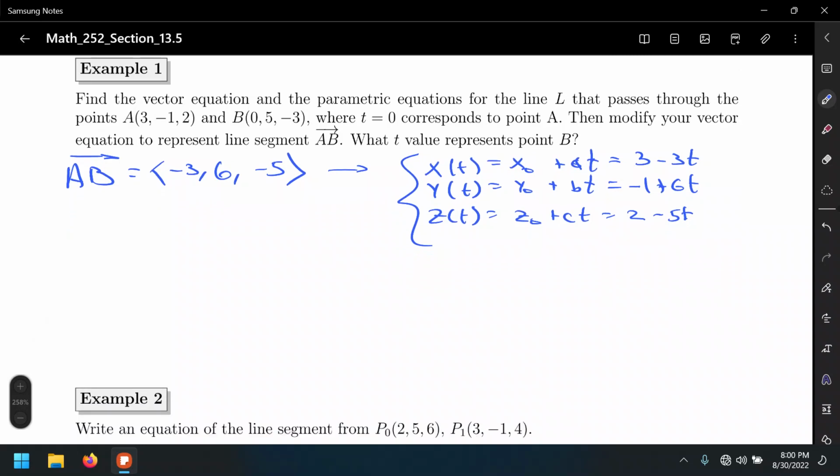That's another way to write it. So r of t, and that's 3 minus 3t, comma, -1 plus 6t, comma, 2 minus 5t.